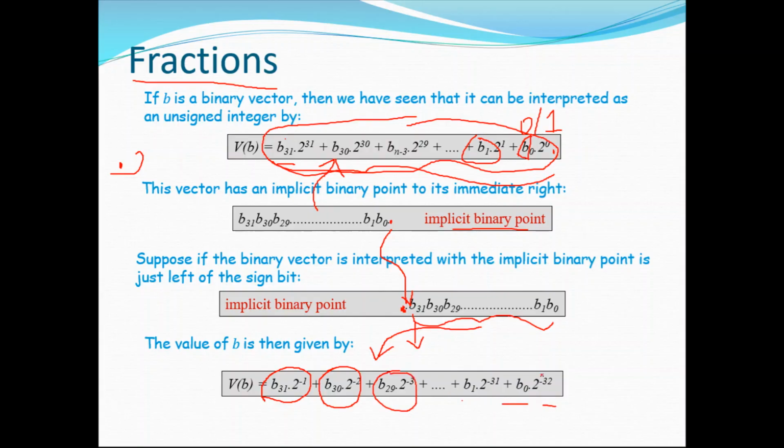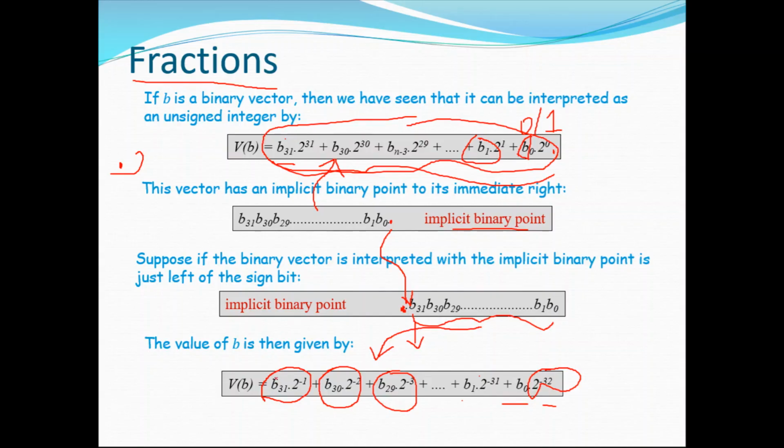That depends on the size of the number. If it is a 32-bit number, then it will go up to 2 to the power minus 32. Here one thing you should see: for whole numbers we start with 2 to the power 0 and go to 2 to the power 31.